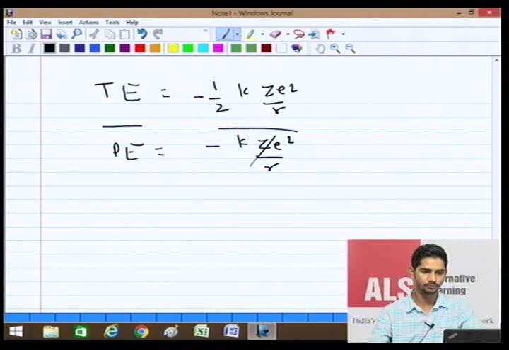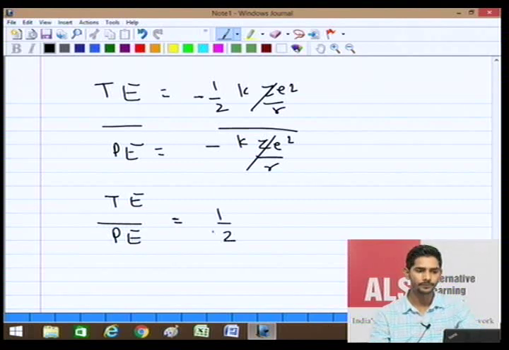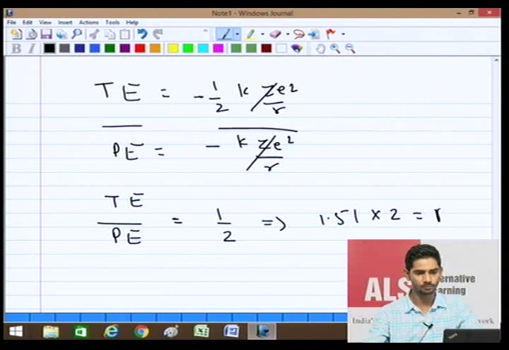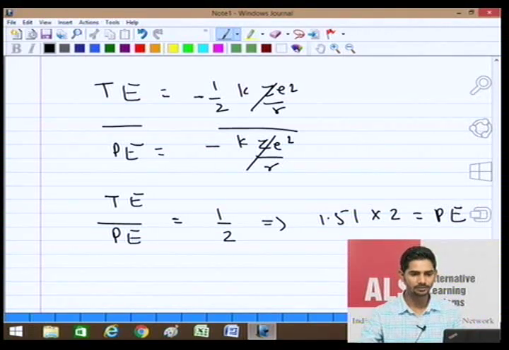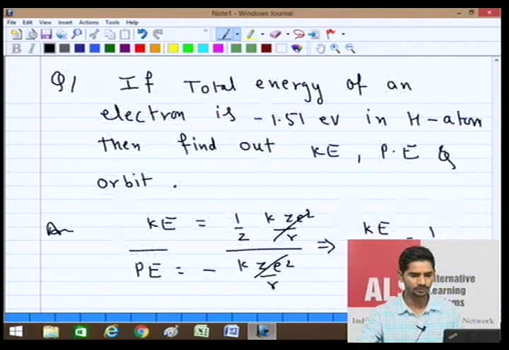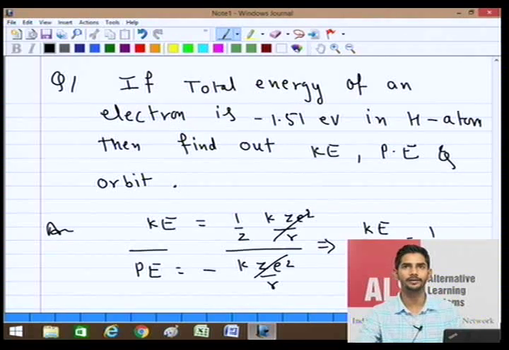Divide these two, this will get cancelled out. We will get a relation, total energy upon potential energy equals 1 by 2. Total energy is given to us, which is 1.51 into 2. This is how we will calculate the potential energy. If we have got the potential energy, then we can simply put this into this relation and we will get the kinetic energy as well.